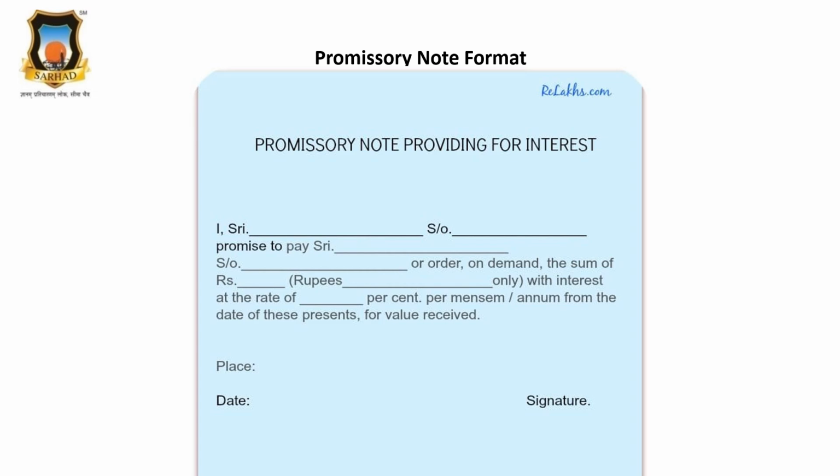With the help of the promissory note format, you can easily understand it is in written form, the amount is fixed, and the date, signature, name of the drawer and name of the drawee are also mentioned on the promissory note. It means a promissory note is the promise that the drawer is going to give the drawee a certain sum of money on the date of maturity. So I hope this is clear.